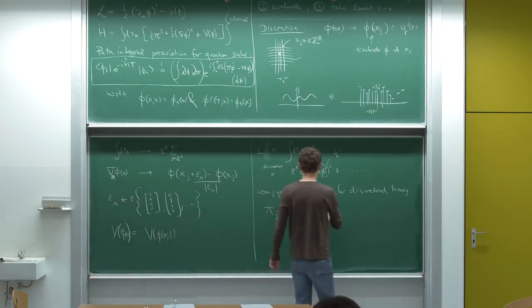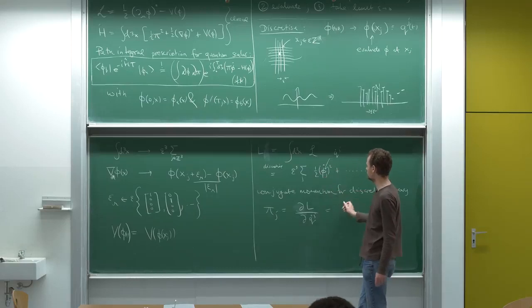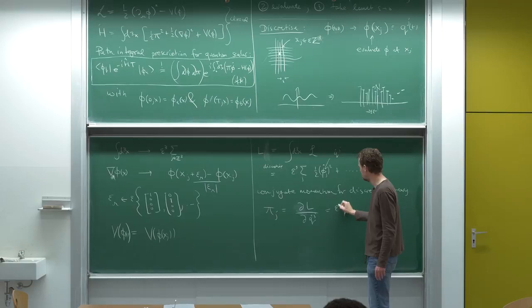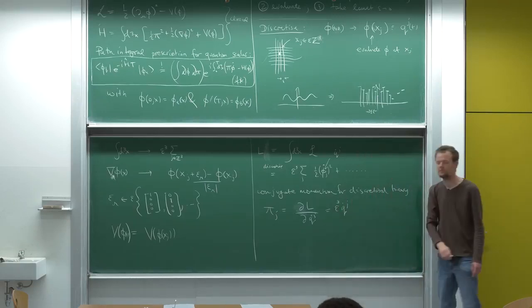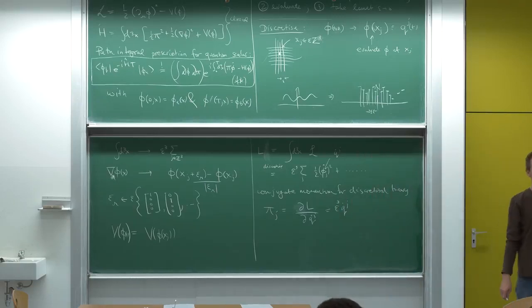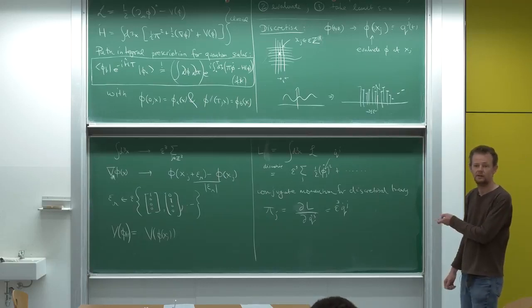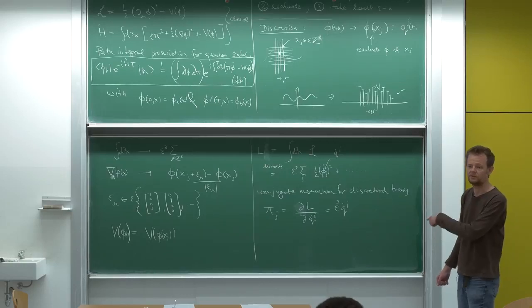But if you do that, what do you get? Of course you get Qj dot. But you get something else. You get an epsilon cubed that comes along for a ride. So the conjugate momentum picks up this epsilon cubed. It's in there for dimensional reasons. But if you forget it, then you get the wrong discretization.